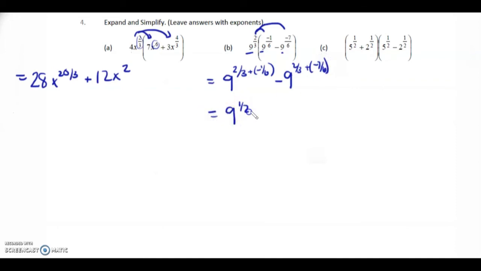So we get 9 to the 1/2 minus, and then it's 2/3 minus 7 over 6. I get negative 1/2. Okay, so this is just root 9, which is 3. And this is 1 over root 9, which is 1 over 3. So 3 minus 1 over 3 is 8 over 3.